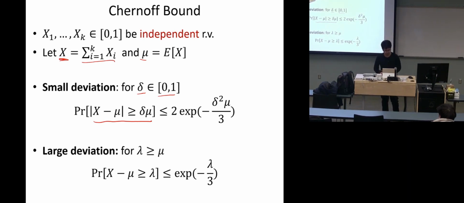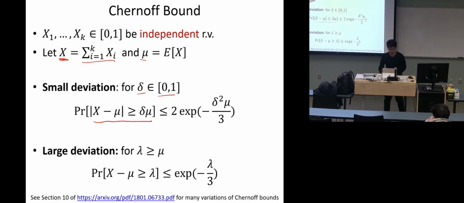So the point is that you don't need to remember the precise bound here, but the thing you should remember is that this is exponentially small when x is a sum of independent things. And there are actually many other variants of Chernoff bound.